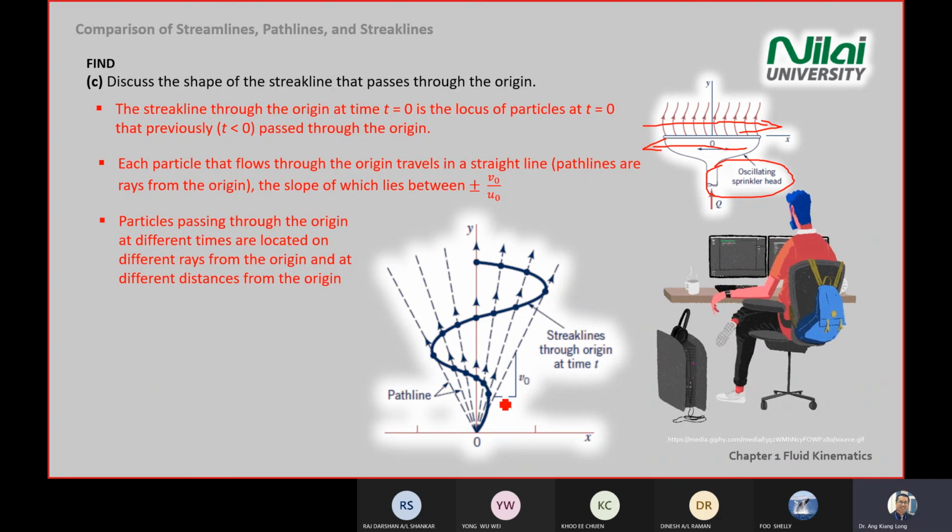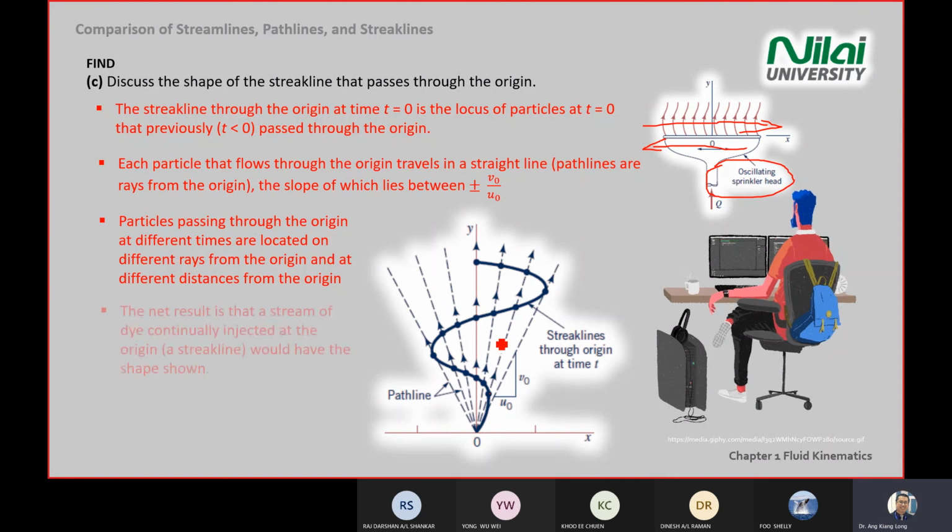If you pay attention to the individual water particles, they will go like this. If you capture them, you will see that the water particles will swing like this.